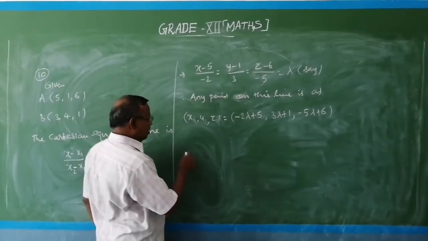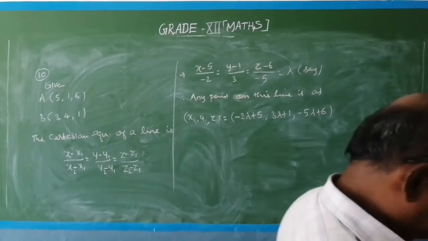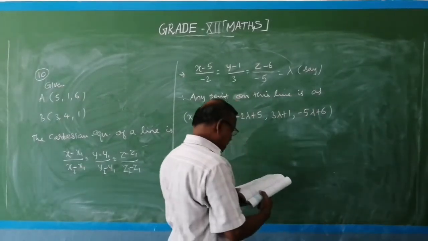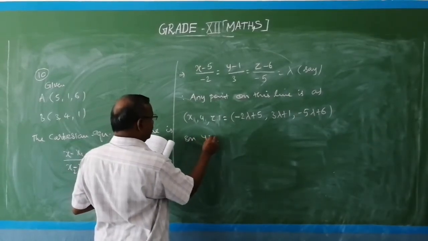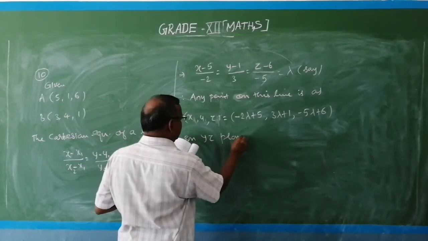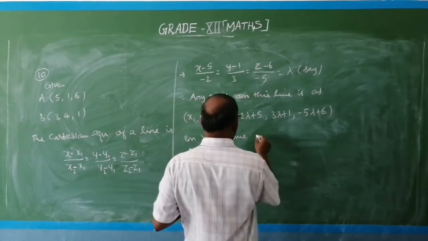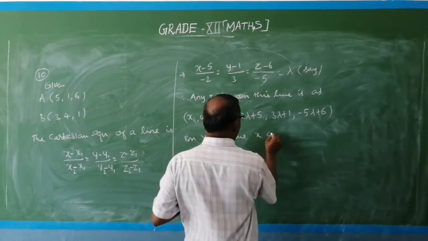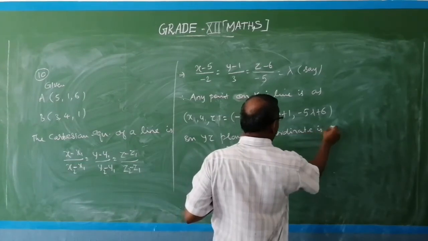Since the point is on the yz plane, on the yz plane the x coordinate is 0.